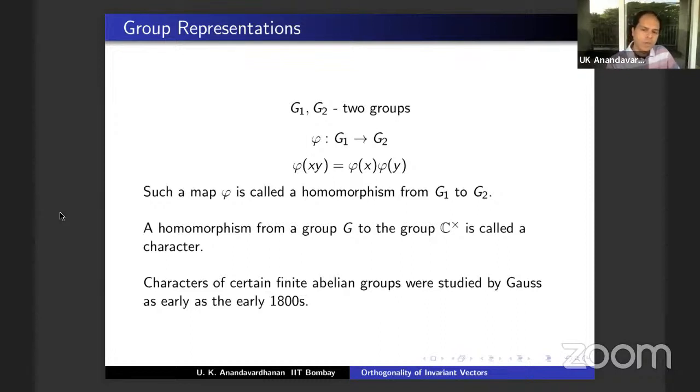Gauss had very famous results on the Gauss sum, around 1805, 1810. So characters were anyway being employed at that time, especially characters of abelian groups.